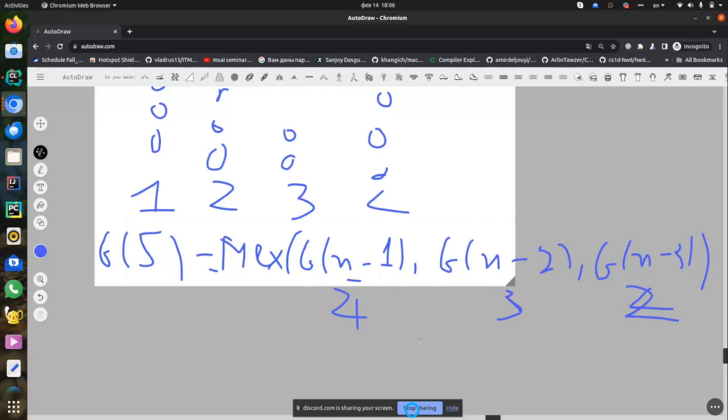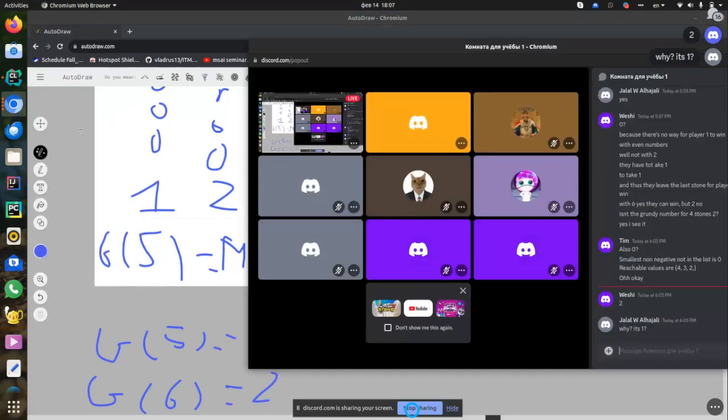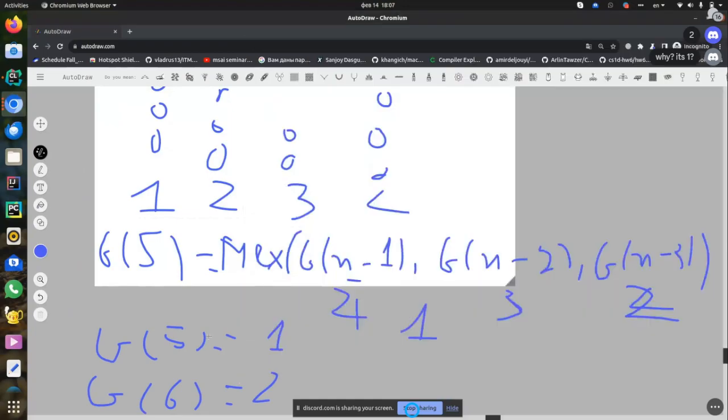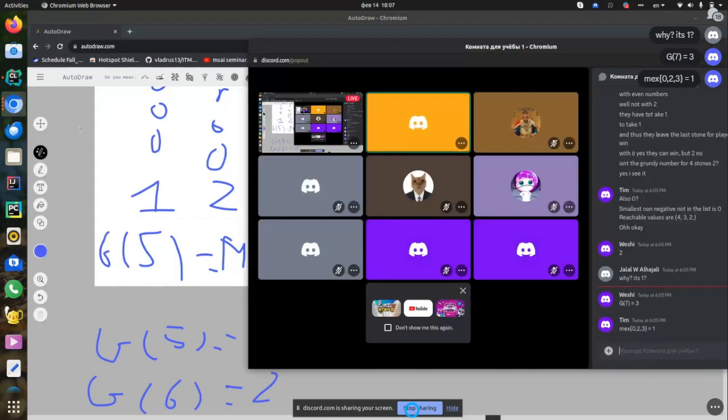And the value of Grundy 5, G5, should be 1. And G6 should be 2. Yeah, because you can calculate it from z n minus 1, z n minus 2, and z n minus 3. Base case already.